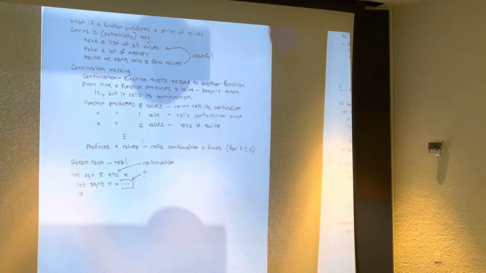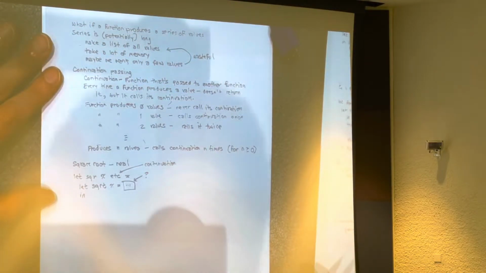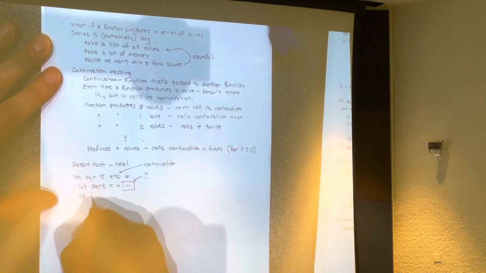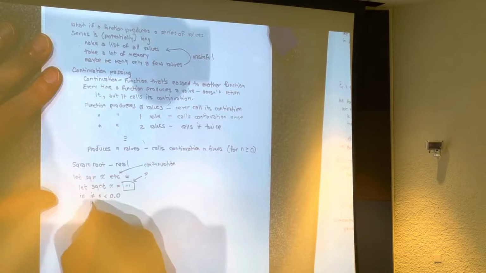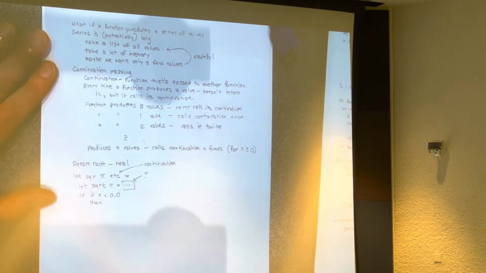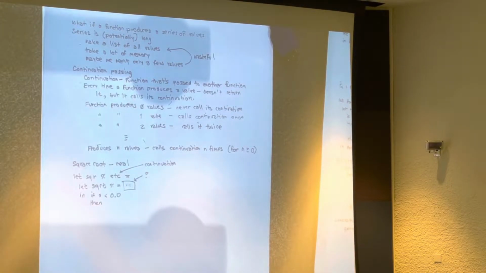All right, so now what happens is we'll go like so. First thing we'll ask is if x is less than 0. And remember in OCaml doesn't convert integers to reals automatically, so I have to be careful to tell the difference between reals. I have to say 0.0.